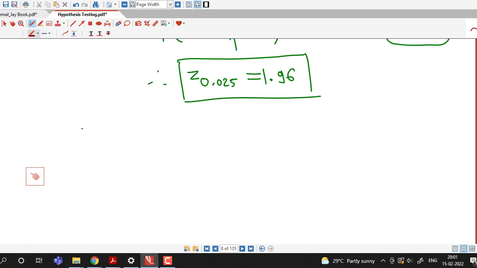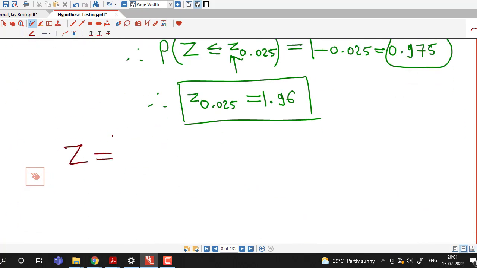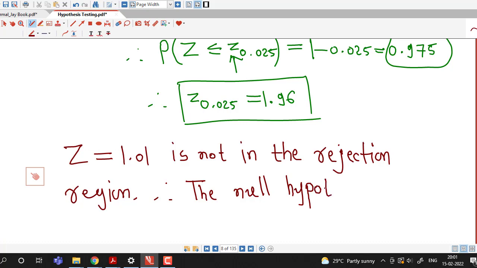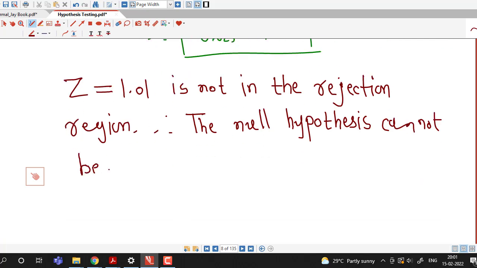So here we can write that the value of the Z statistic, which is 1.01, is not in the rejection region. Therefore the null hypothesis cannot be rejected.